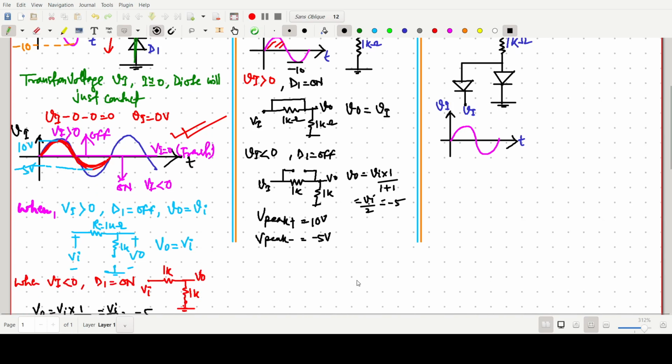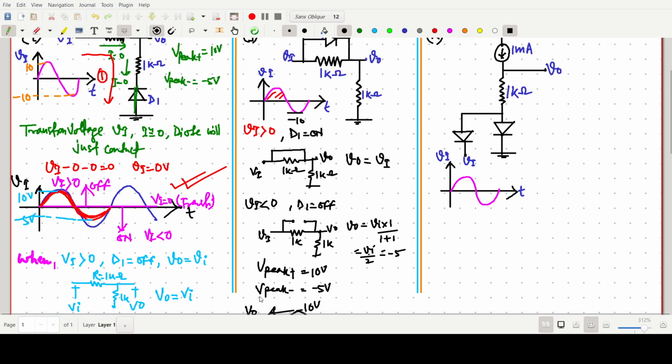And the resulting waveform will be like V naught versus Vi. Like this, it should be 10 volt, and minus 5 volt.